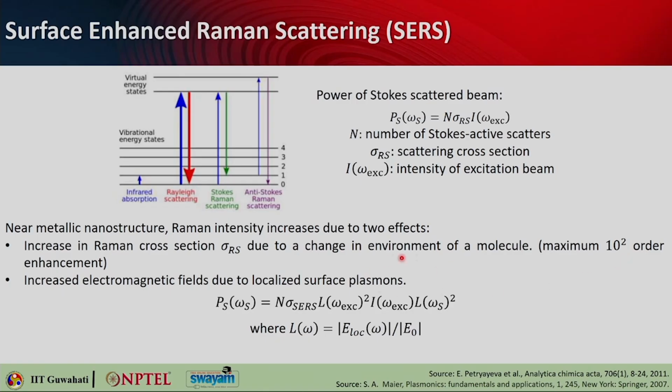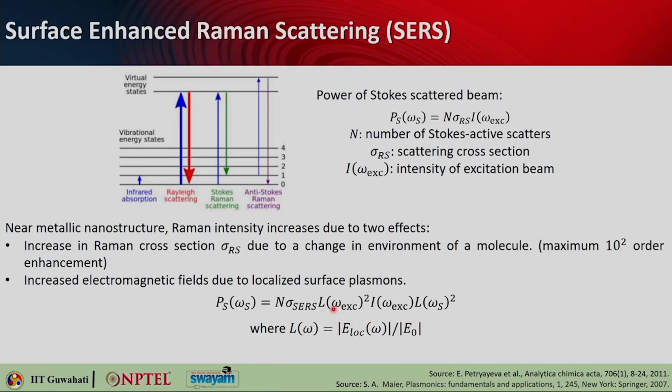Okay, so the surrounding environment has changed, and the second thing is coming from the increased electromagnetic field due to localized surface plasmon resonance. That plays a very important role. So, this is the normal case when no nanoparticle is there, but this is the case when a nanoparticle is present. You can see that two new terms got added.